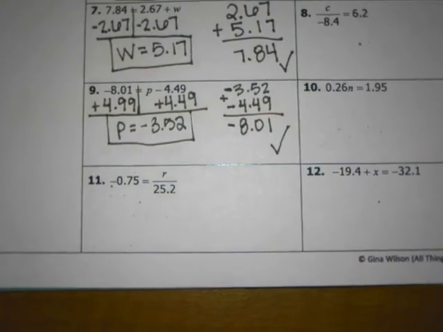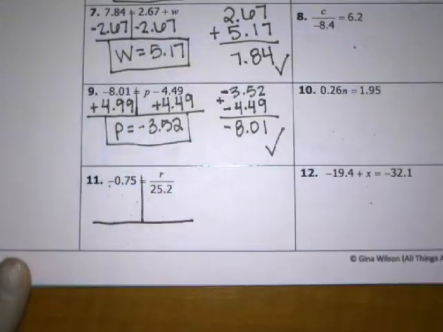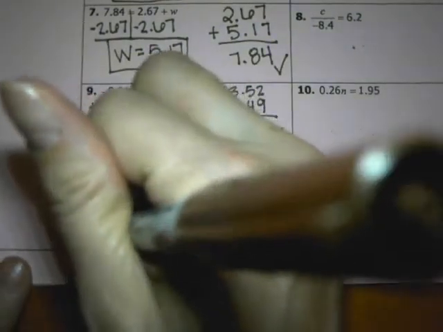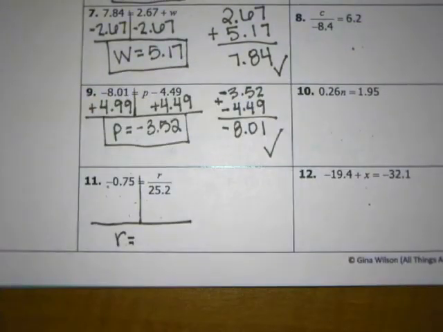All right, number 11. I want R all by itself. How do we get R all by itself?